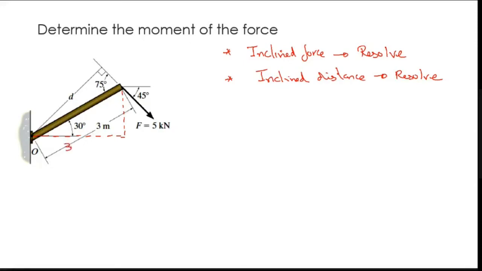I will get 3 cos 30. In terms of y, I'll get 3 sin 30, right? So what is 3 cos 30? It is 2.59. 3 sin 30 is 1.5. You know that, because sin 30 is 1 by 2.